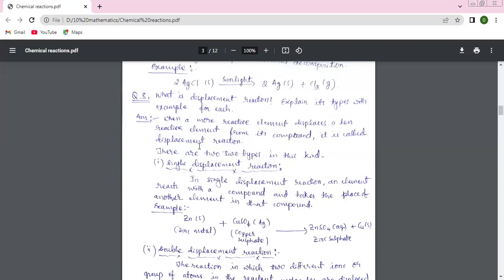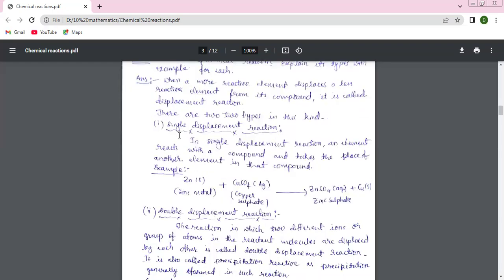See here what happens. One element will be highly reactive, like sodium. Sodium is considered a highly reactive element, and some other elements are less reactive. Here a more reactive element displaces the less reactive element in the reaction. That is called a displacement reaction.